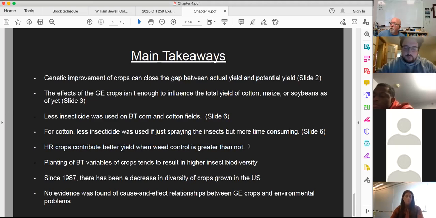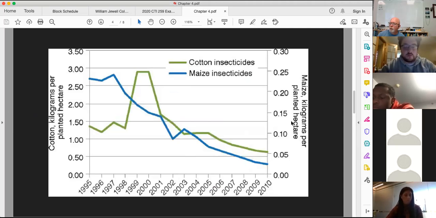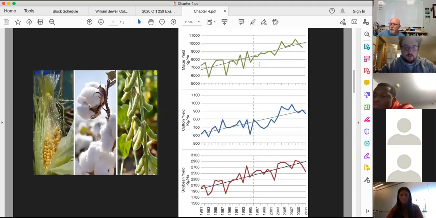And so even though there's this general lack of a change in the rate of increase of yield, if you dig down into the data, in areas that are being plagued by pests in a given year, and I'd have to go back and look in the report to figure out where exactly this was, BT crops actually did produce higher yields, but that got averaged out over all of these fields where they were gathering data from.